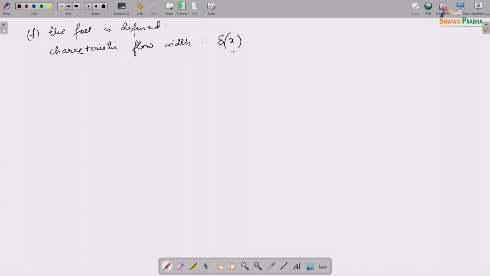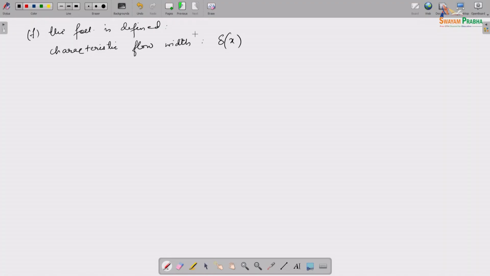You call that jet half width, or you call it delta for that matter. So delta is essentially the boundary layer thickness. It's just a characteristic flow width. Given any flow, I have a characteristic flow width, which is say delta x.